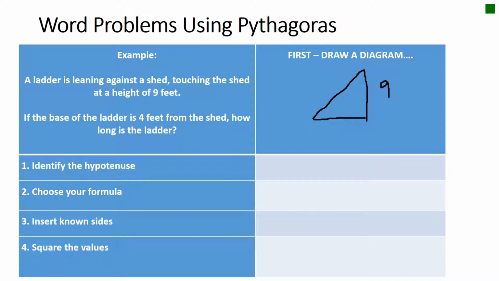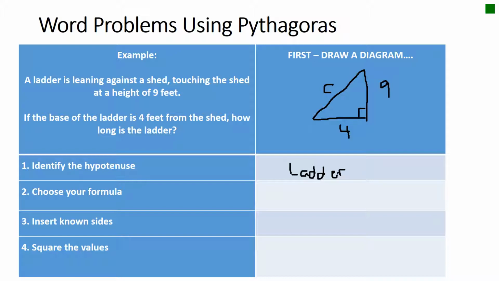Okay, and it says that if the base of the ladder is 4 feet from the shed, how long is the ladder? So this is our ladder, so this is what we're going to find here. Now, that is opposite the right angle, that's the hypotenuse. So the ladder is the hypotenuse, okay? Just trust me, just write in ladder here.